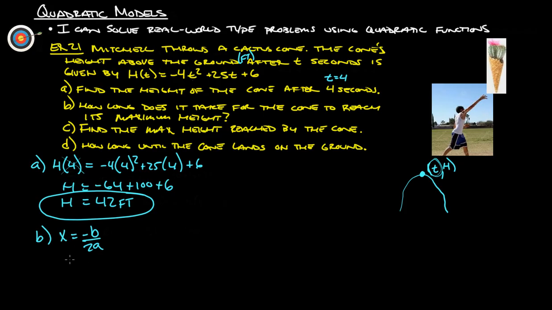So in this case here, our x, or our t, time will equal negative, and our equation is this, so -25 all over 2 times a, which is -4. So this gives us that time equals -25 over -8.